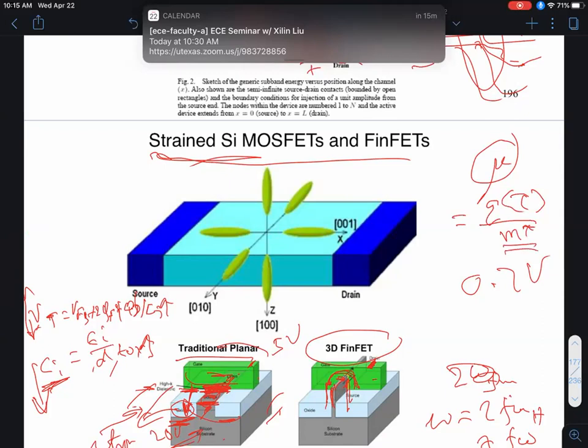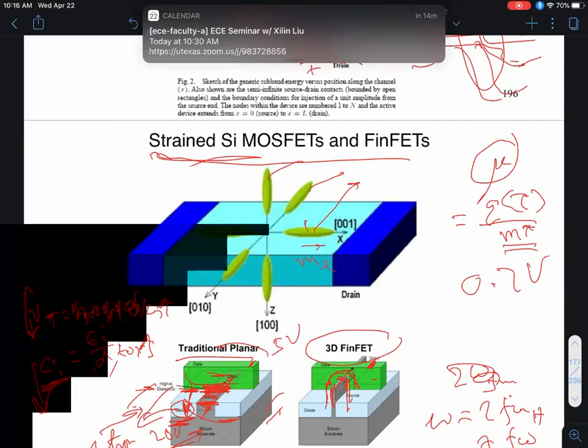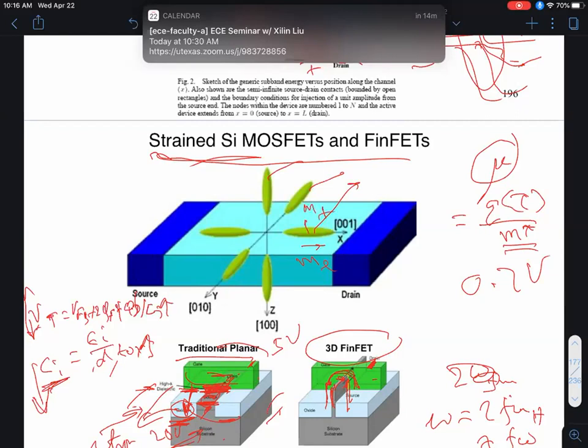I don't know if you remember, this is way back before spring break, but in the case of silicon, in the conduction band, we said that you actually have 6 equi-energy surfaces. These are cigar-shaped energy ellipsoids near the X point in the conduction band, in the Brillouin zone, where you have a high longitudinal effective mass and a lower value of transverse effective mass.